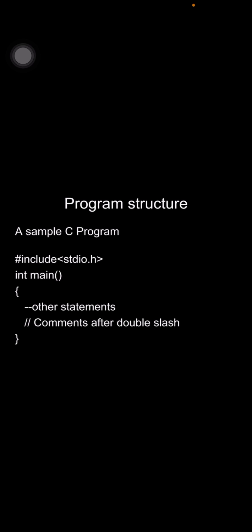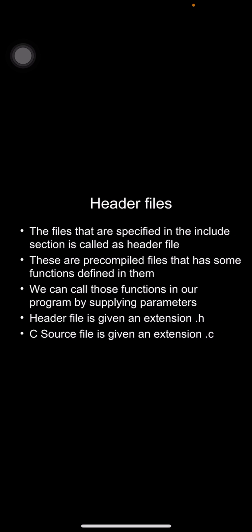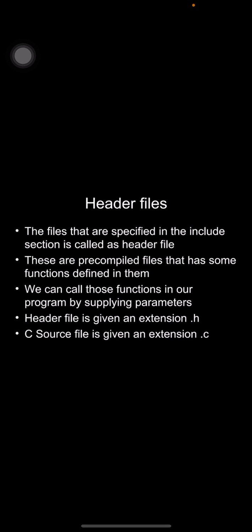Let us discuss about header files. In the previous example we have seen stdio.h. This is a header file. Its full form is standard input output. Header file contains the definitions of pre-written functions.